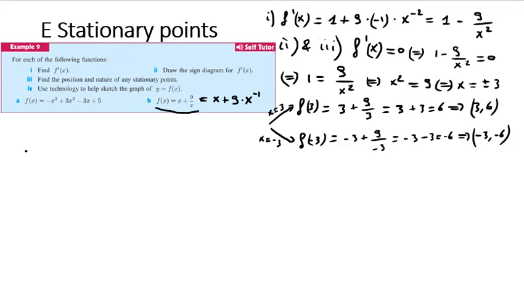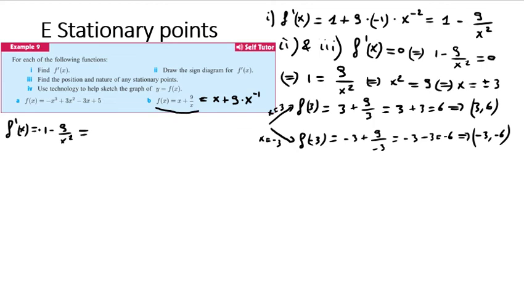So let's make the sign table. The derivative of the function is equal to 1 minus 9 over x squared. To create a sign table, you put both terms on the same denominator.